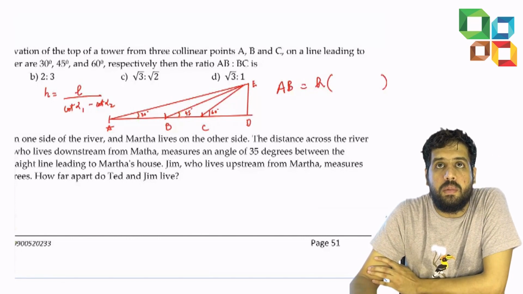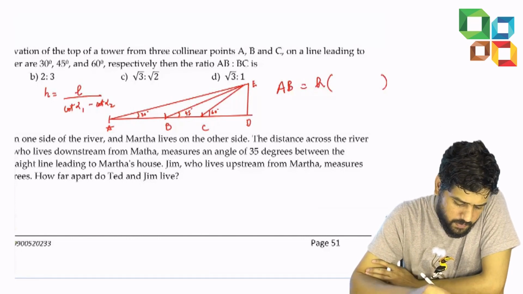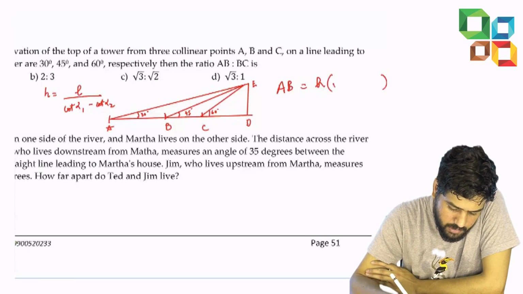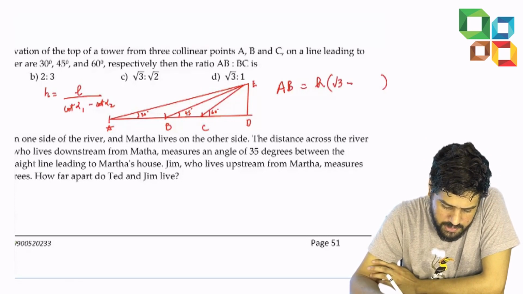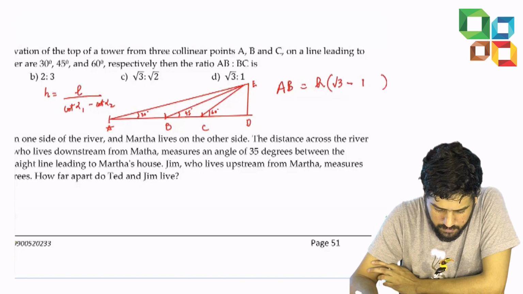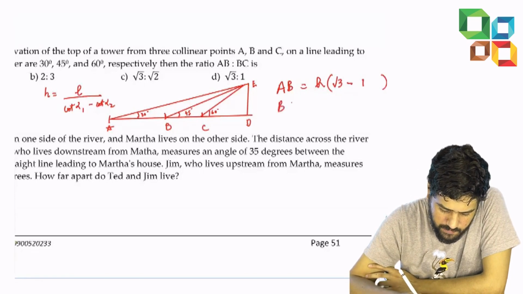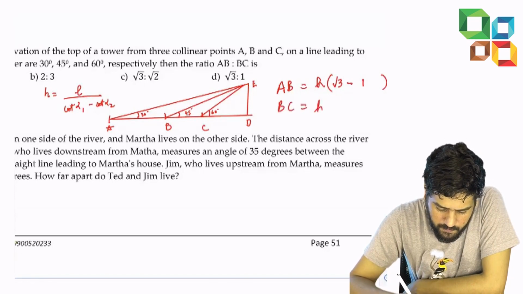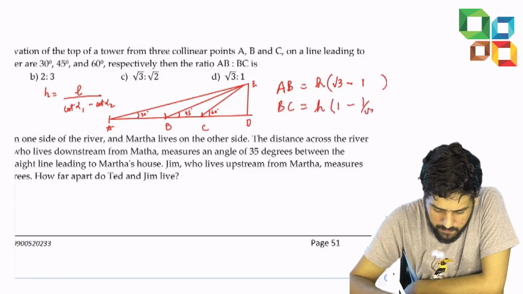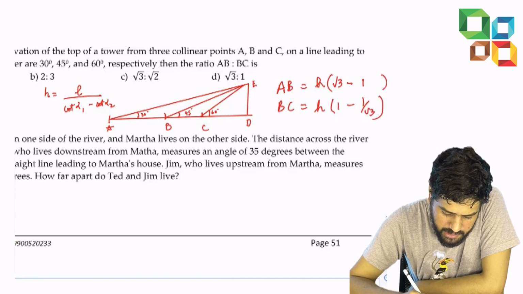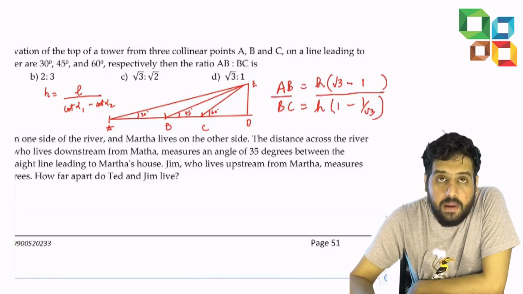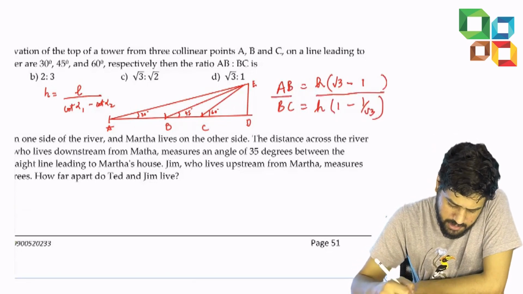How much is cot of 30 degree? Cot of 30 degree is root 3. And cot of 45 is 1. Okay. What about BC? BC, it's 1 minus 1 by root 3. So we want AB by BC, which is the ratio of these two. And H and H will anyway cancel.